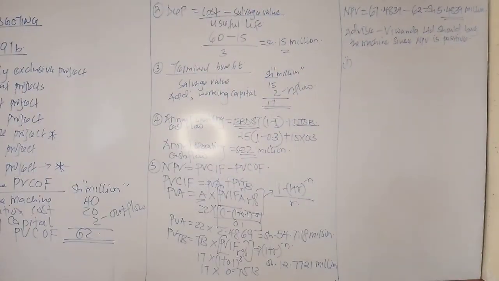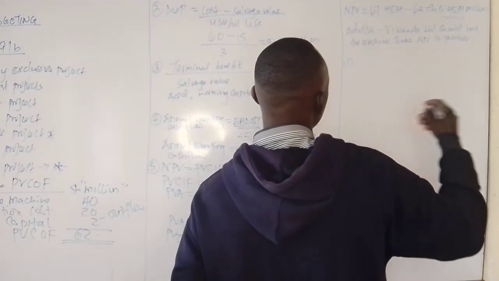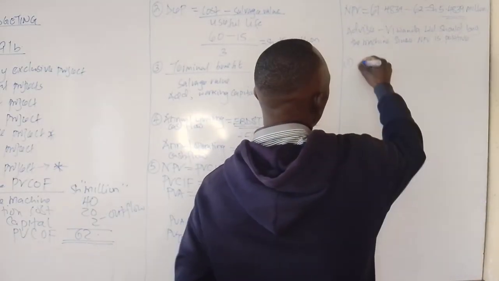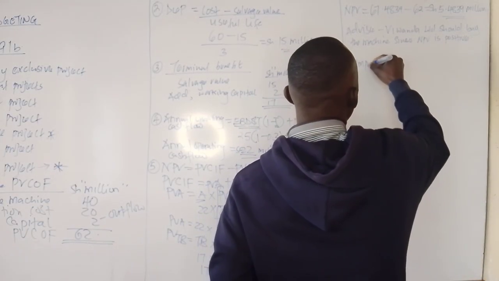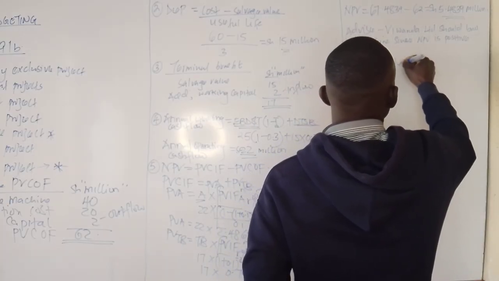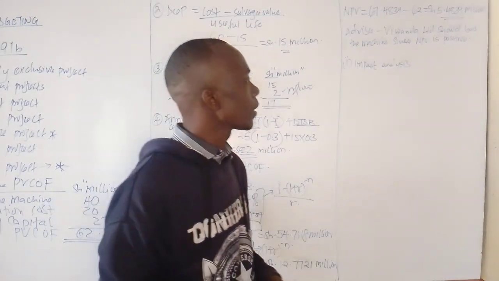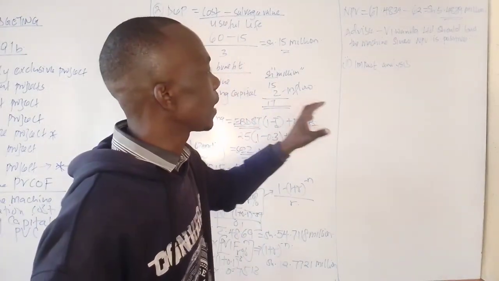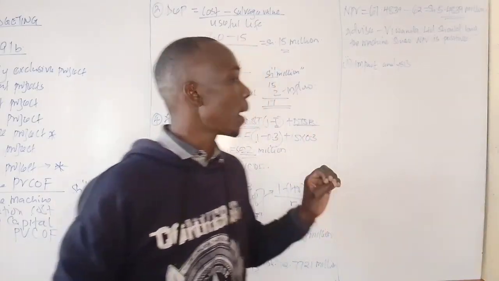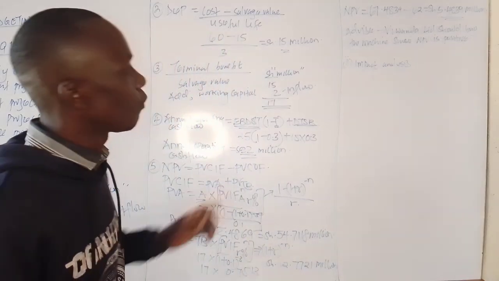So in this case, we are given the impact. That one, we call it sensitivity analysis, but we call it the impact analysis. So impact analysis, this is where we are going to be given the percentage change, the impact, or what we call the effect.